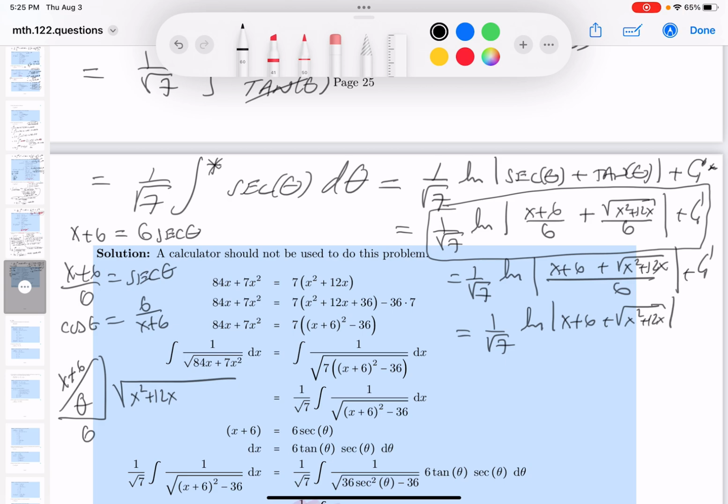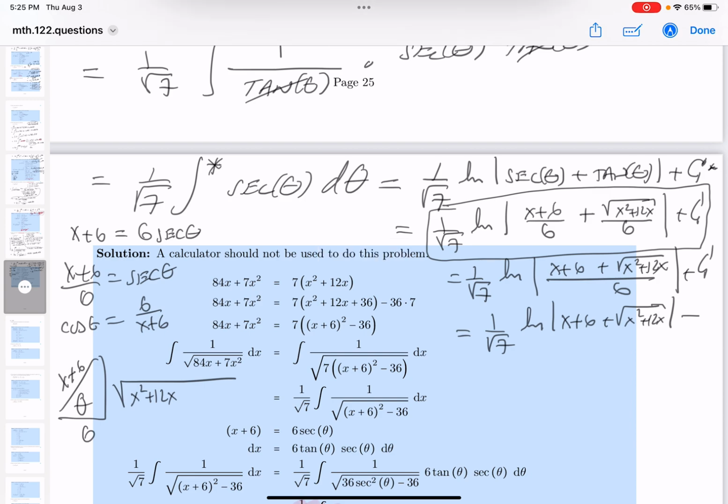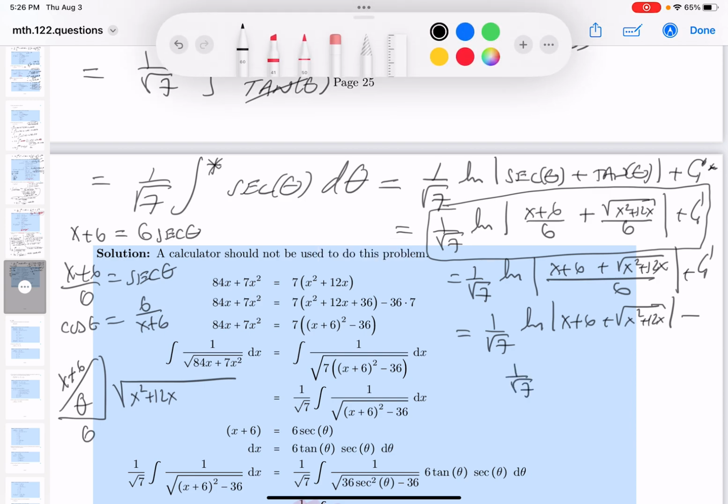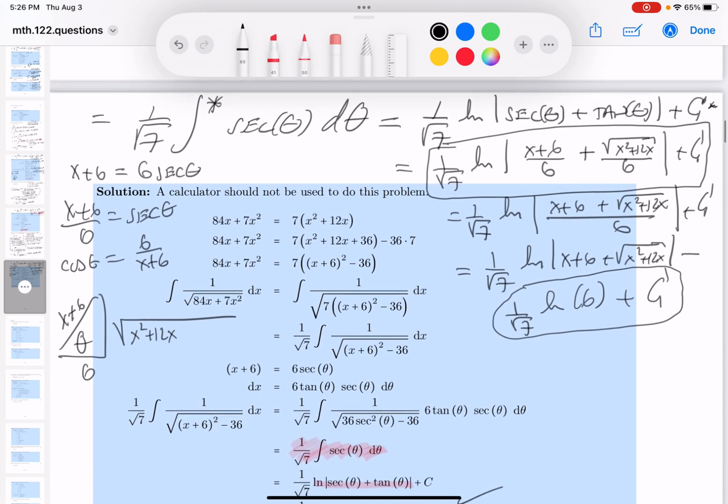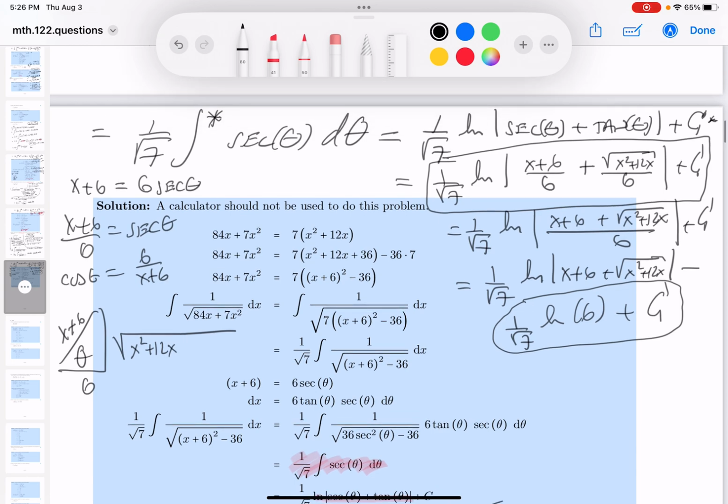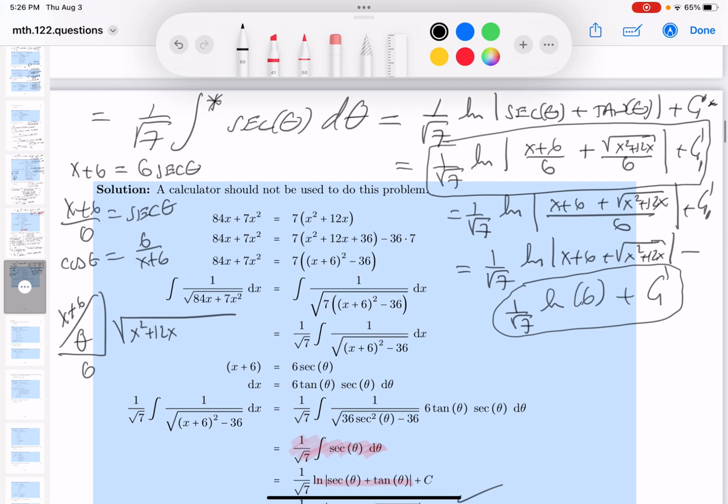Minus 1 over root 7, ln, absolute value of 6, which is just 6. I'm using the rules of logs, by the way, plus c. If you notice this over here, though, this is still a constant. It may be different than the constant prior, but I'm going to call this thing C1, and I'll call this guy C. Let's put that down, and then we'll check it.